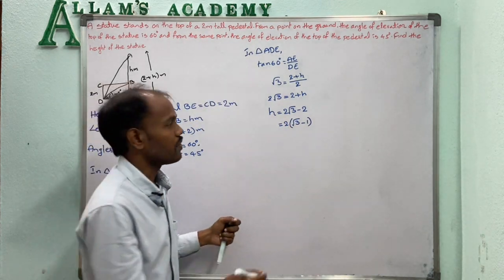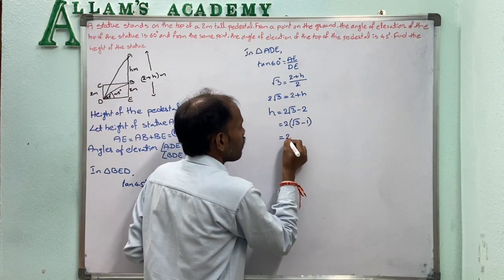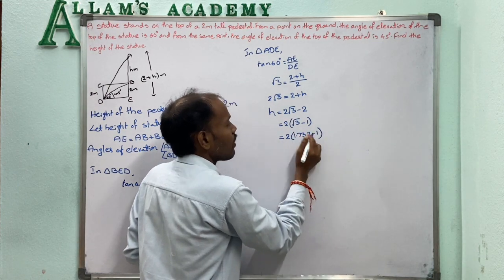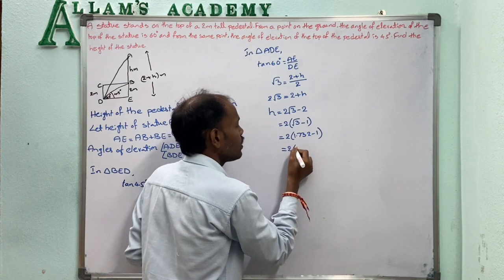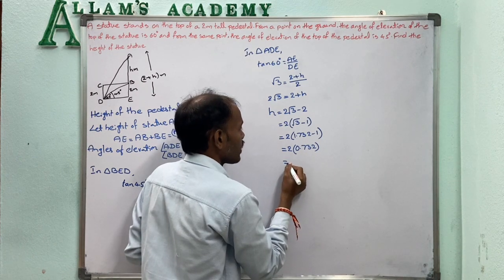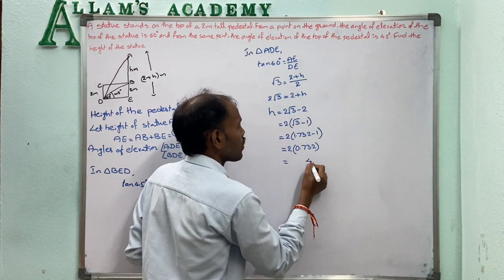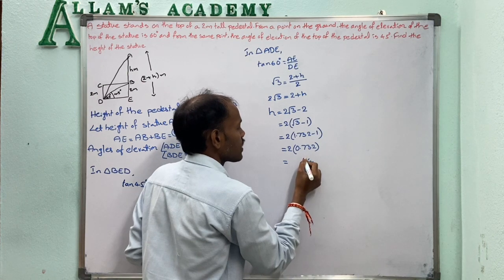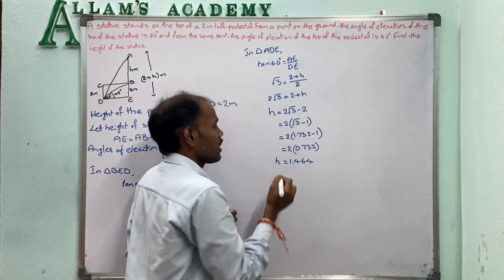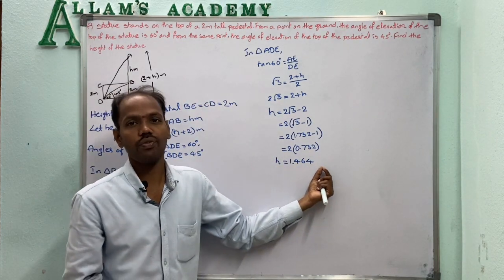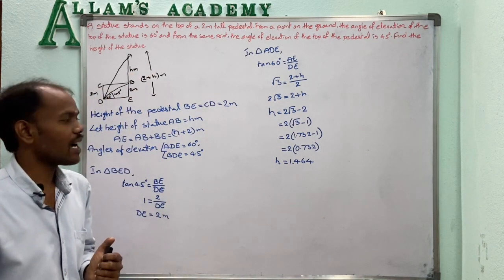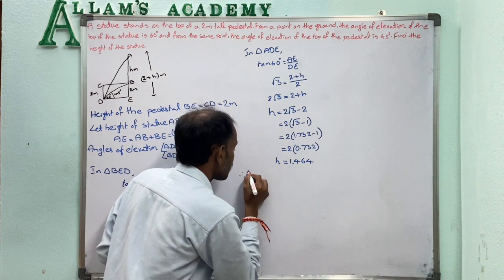Now root 3 value we know, that is 1.732 minus 1 equal to 0.732. So 2 times 0.732 equals 1.464. So h equal to 1.464. So h is nothing but the height of the statue. So the height of the statue is 1.464 meters.